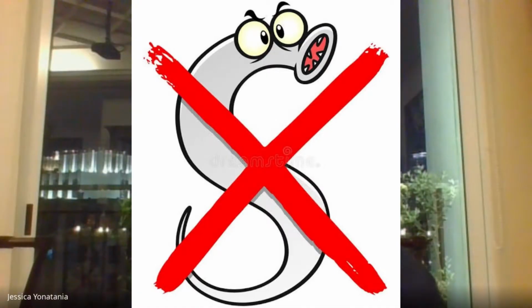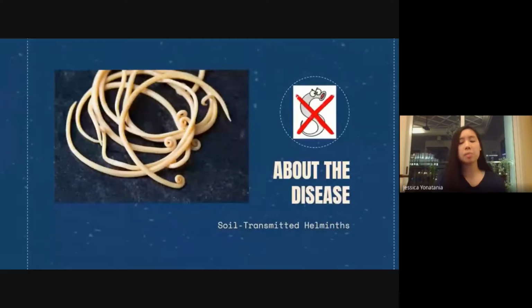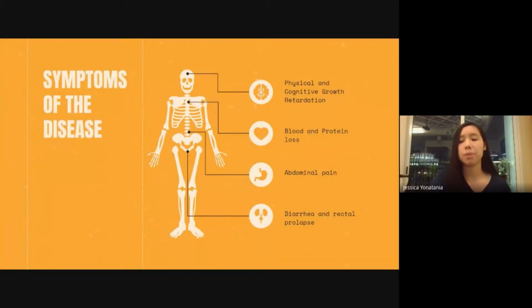So the disease that we focused upon was soil-transmitted helminths, and they are parasitic nematode worms that are transmitted to humans through the ingestion of soil-contaminated eggs of the nematode worms, and it causes a disease called helminthiasis. So, what are the symptoms of the disease?